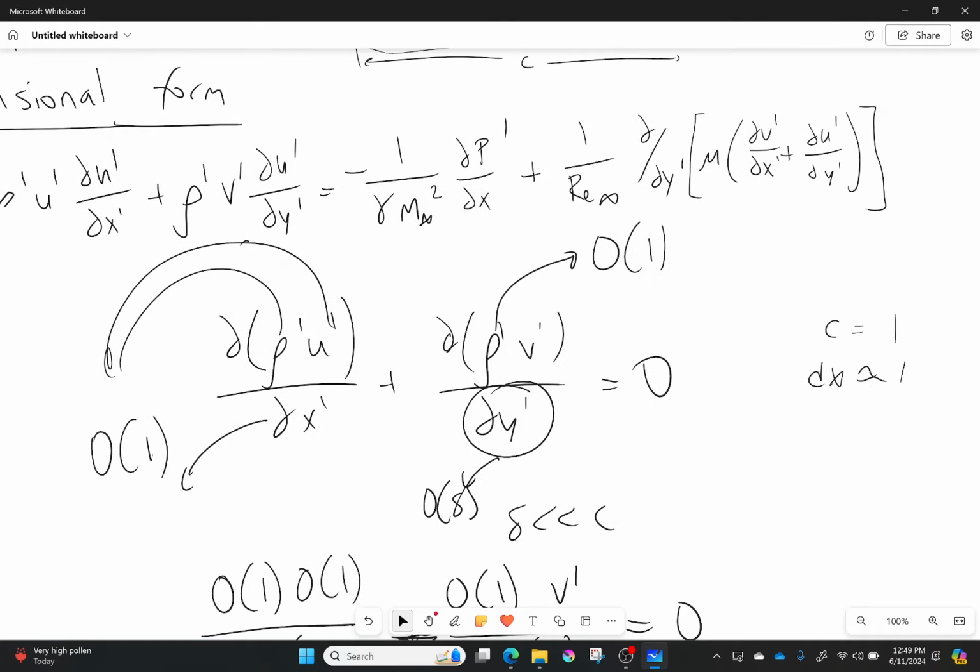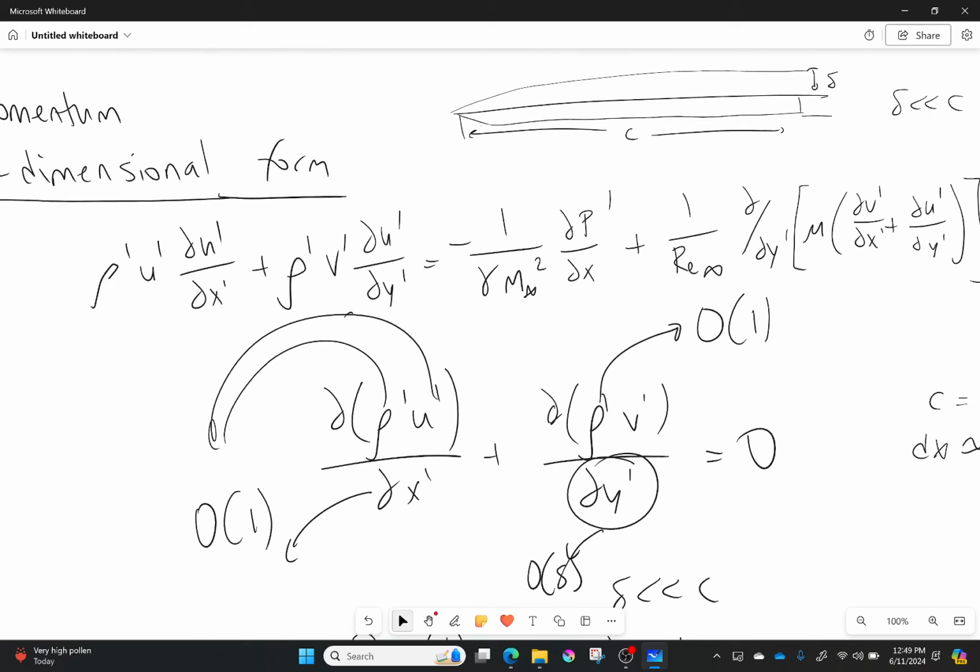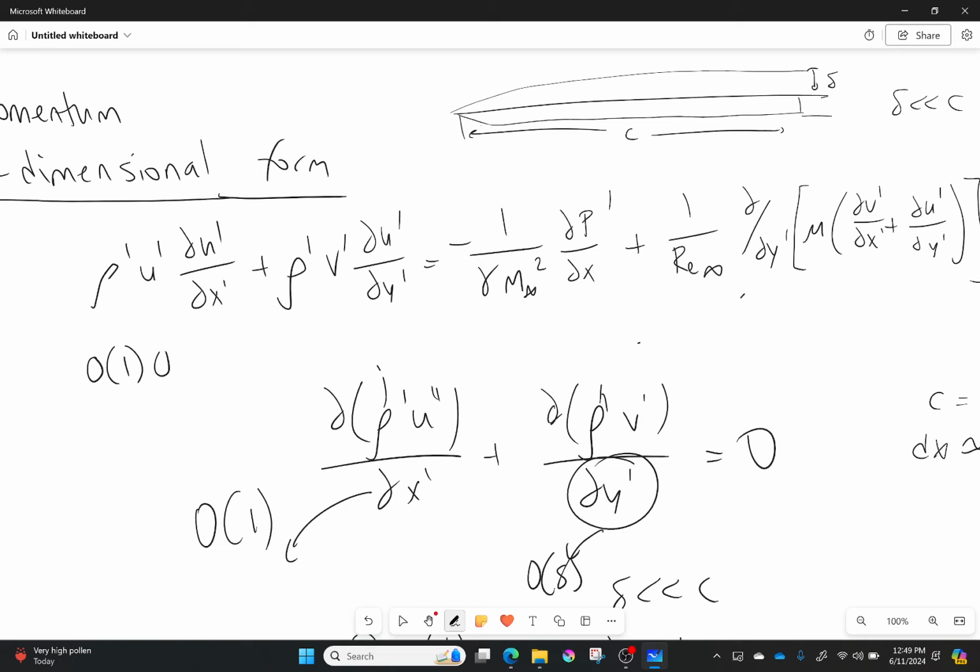So we'll go back up and I can now use what I've learned. I'm going to go ahead and erase these lines right here because they're going to get in the way. So this one right here, just writing it out underneath it, this is order of 1 times order of 1 times fraction of order of 1 over order of 1. Okay, nothing there, that's just all order of 1. That's fine.